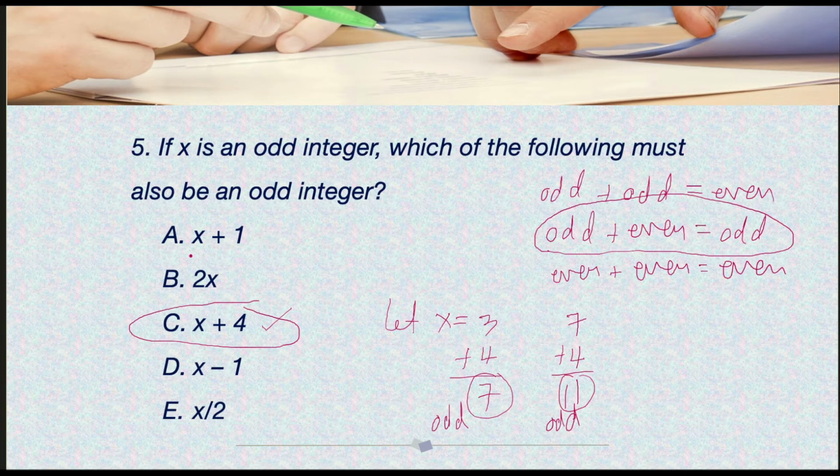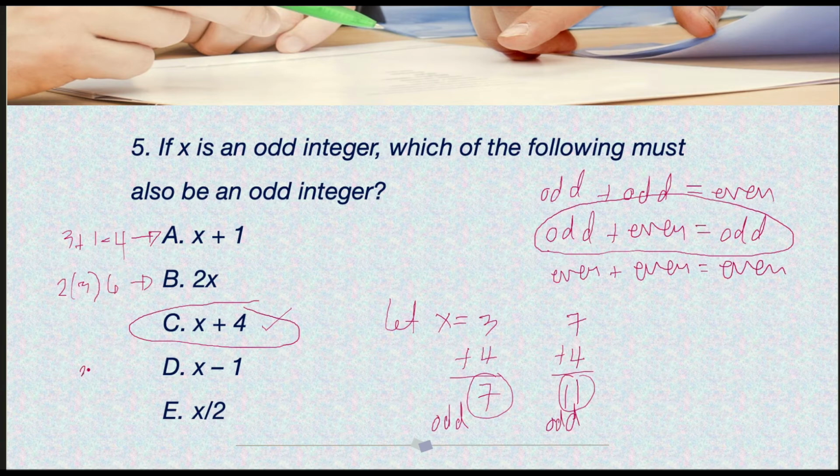Okay, if you would choose letter A, for example, if our odd number is 3, this will be 3 plus 1 is equal to 4, which is not odd. What I mean is 4 is not an odd number, it's an even. If you multiply 2 times 3, because our odd number here, this is 6 and not odd.